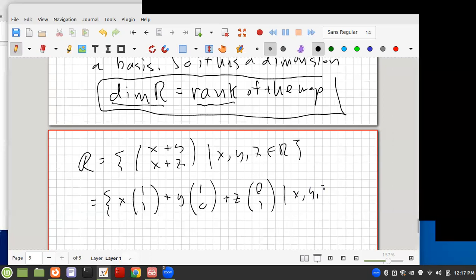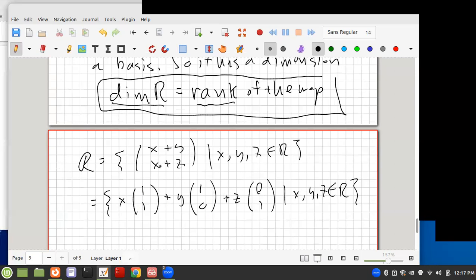This is what you've done with solutions of linear systems from the first assignment: you had vectors with variables in them, and you had to factor out the vectors and write them as a linear combination of vectors with constant components.